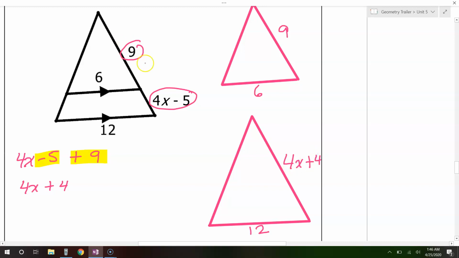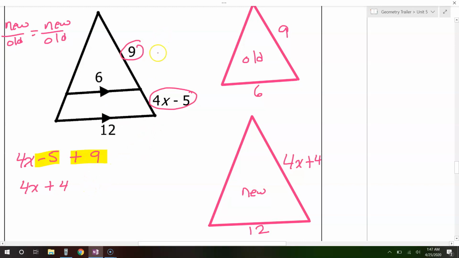All right, you just have to add these up by combining like terms for it, and you get 4x plus 4. Okay, so now pick one triangle to be new and one triangle to be old. Doesn't matter which one is which. What matters is that you write your equations in the form new over old is equal to new over old.